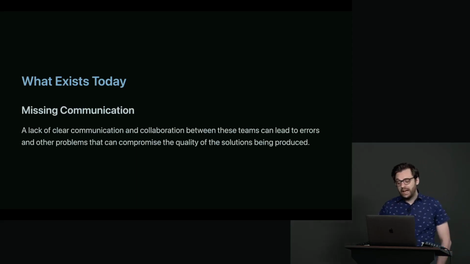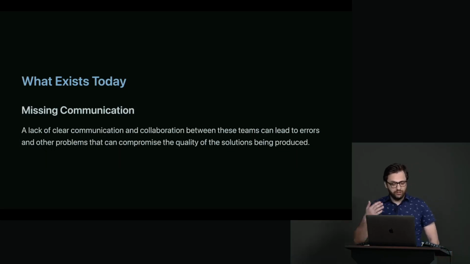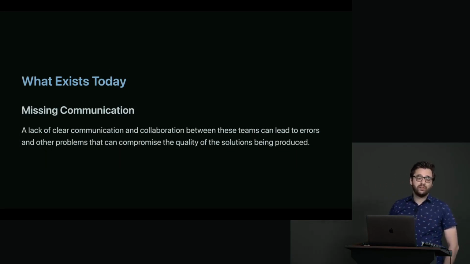So I can start showing you how these become compounding issues, where because DevOps is poorly defined and because we are having culture challenges, we now start dealing with communication issues, right? Basically, a lack of clear communication and collaboration between these teams can lead to errors. I guarantee you, each of us here has seen this.